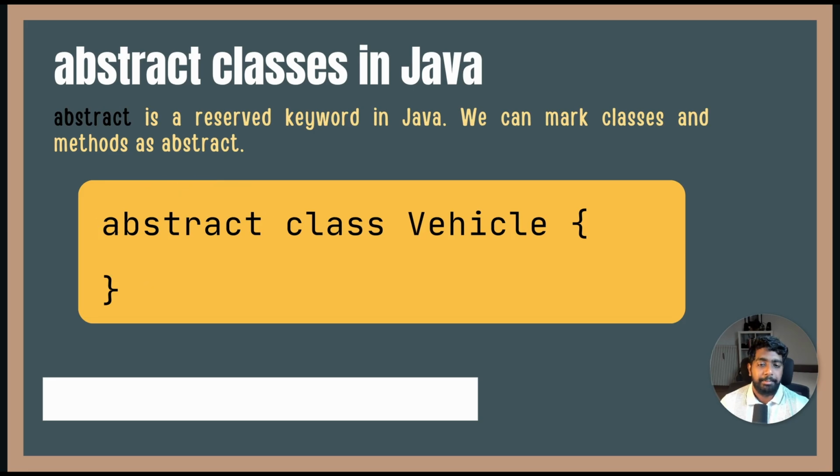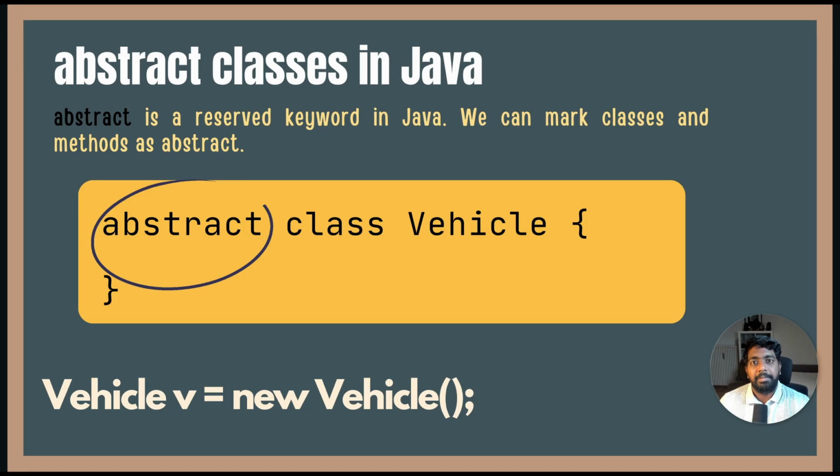In this case, we provided vehicle. As soon as you mark the vehicle class as abstract, you are not allowed to create objects. For example, you cannot write a statement as follows. That is forbidden because the vehicle class is an abstract class now. Abstract means not clear, not precise, and no concrete implementations are available in this class.